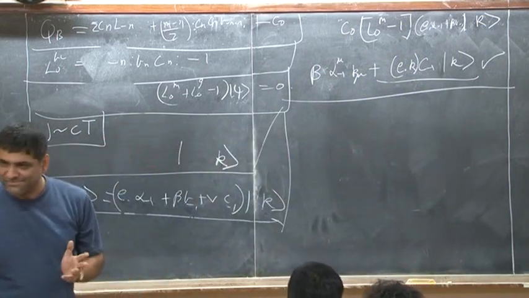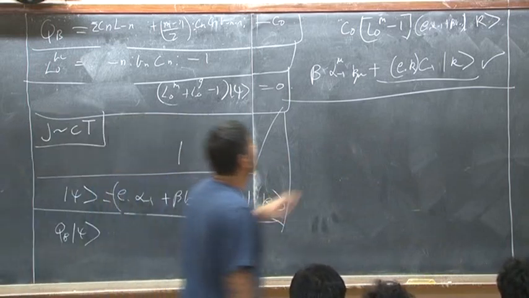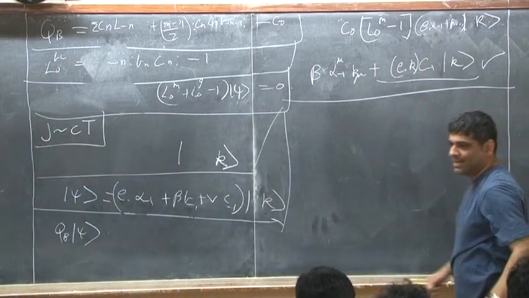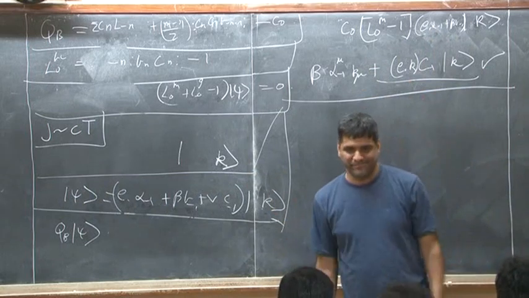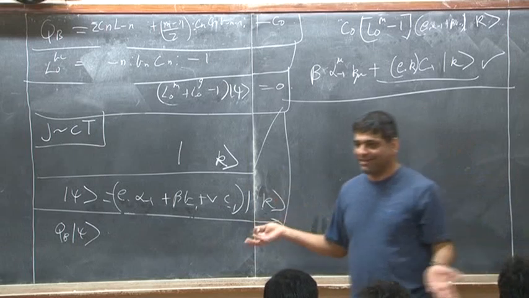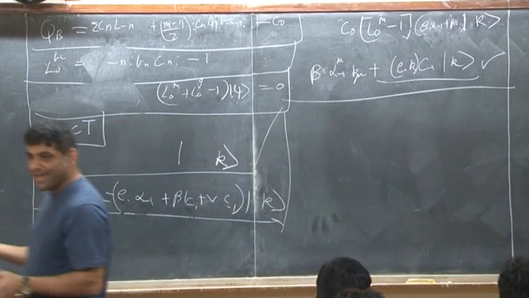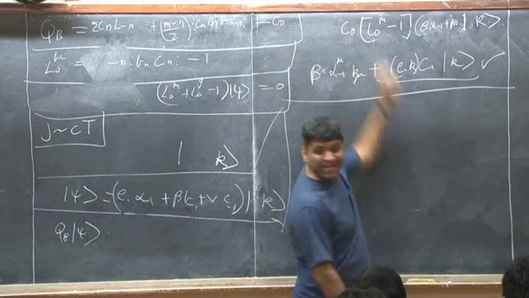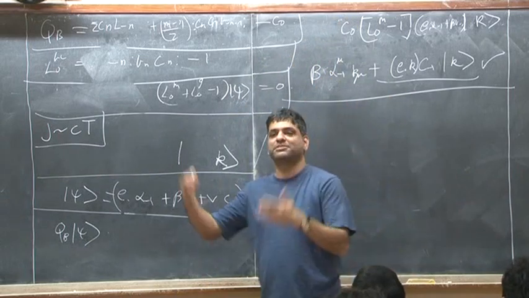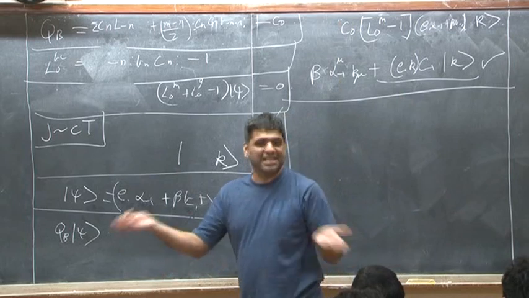Is this clear? Yeah. See, we know that all these states are annihilated by L0 matter plus L0 coast minus 1. We know that, right? Okay? So if whatever comes here as the coefficient of C0 is L0 matter plus L0 coast minus 1, we just get 0.